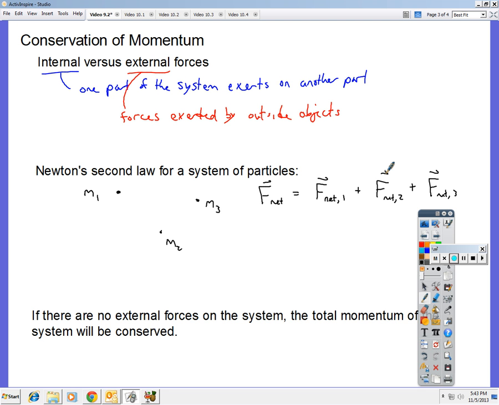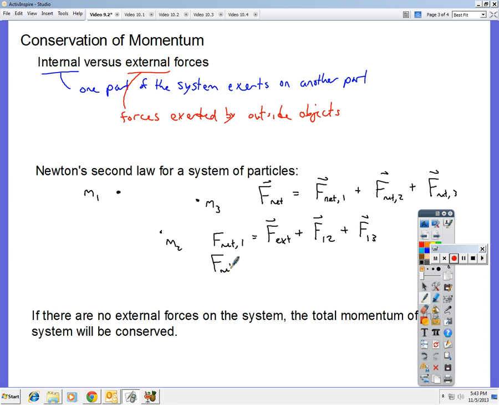But if we look at all the forces on particle 1, that's going to be the external force, or forces, on particle 1, plus the forces on particle 1 from particle 2 and from particle 3.